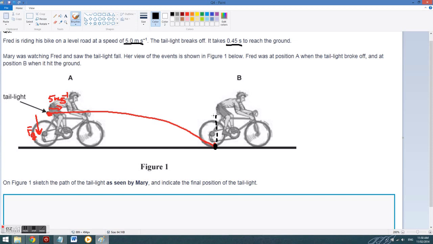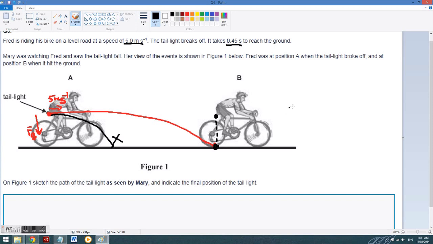If you sketch a parabola something like this, it's kind of wrong. The final point should be there, that's when it reaches the ground.